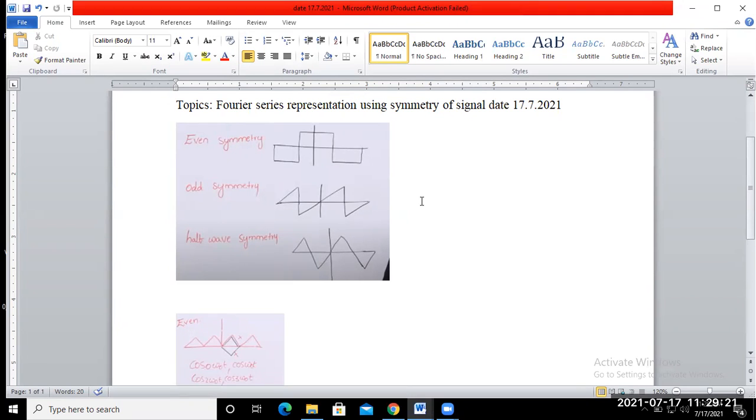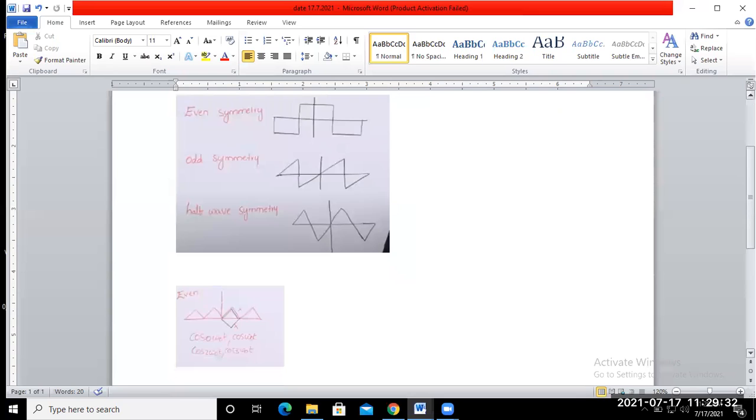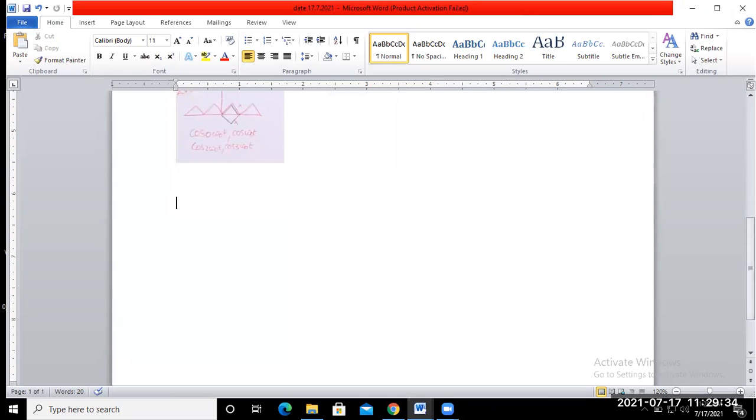That means if any signal satisfies the even symmetry condition. What is the condition for even symmetry? Just try to write, first of all, the conditions of symmetry.